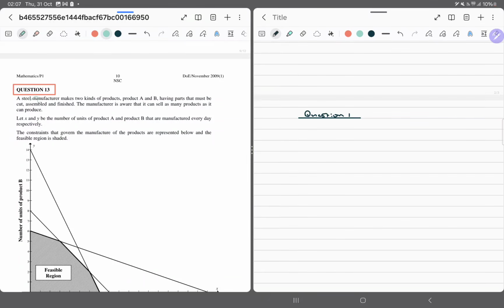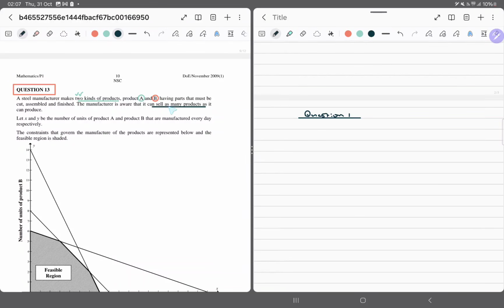Now, it says a steel manufacturer makes 2 kinds. Usually you get 2 things to think about. 2 kinds of products, A and B. Nice. Now, having parts that must be cut, assembled, and finished, okay, whatever. The manufacturer is aware that it can sell as many products as possible, okay?